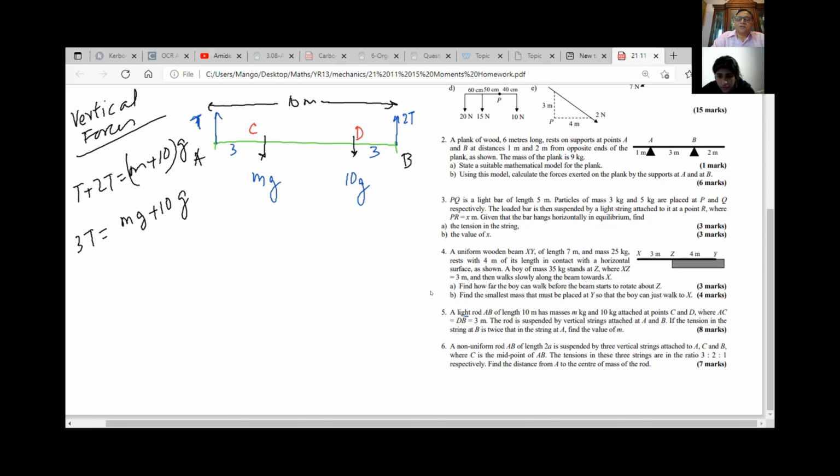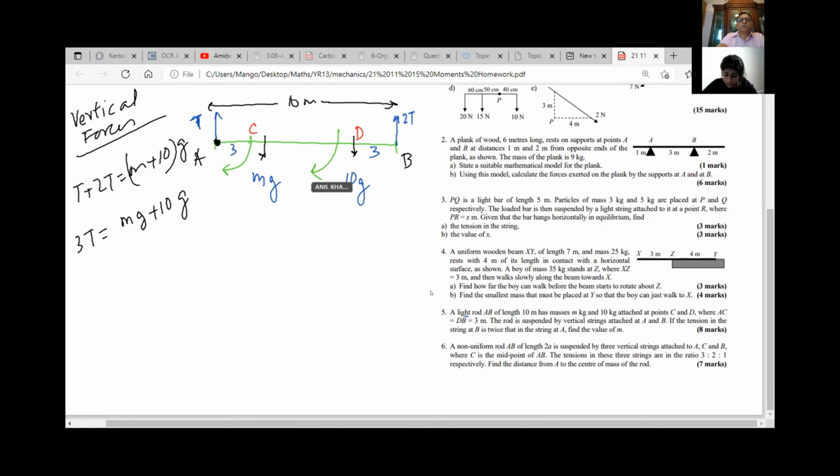If the tension in the string at B is twice that at A, find the value of M. So let's find moments about some point, this point or that point, whichever. It doesn't matter. A or B? Okay, A. We'll use this one. When you're using A, because of this force it is moving clockwise.